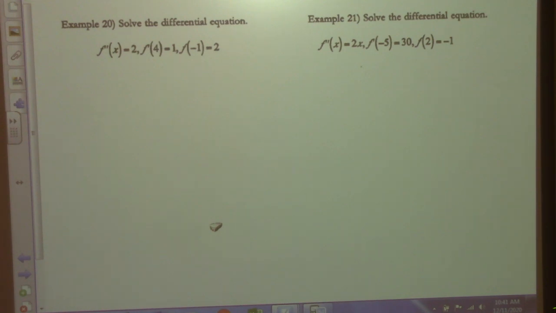So here we're given an f double prime, and what we're trying to do is find the equation for f of x, the particular solution for f of x from this.